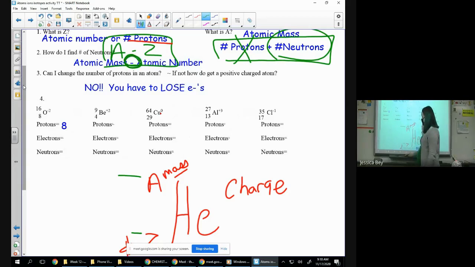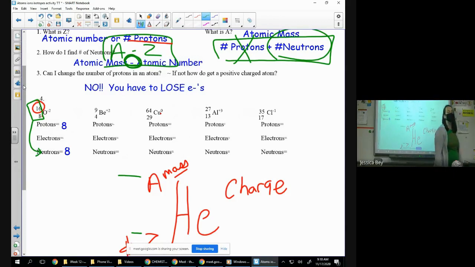We simply, and this is why they set it up like they do, it's a very nice, easy math problem. If I have 8 protons, how many neutrons do I have to get to 16? You got it. Okay, so to find neutrons, you simply take the difference of those 2 things.